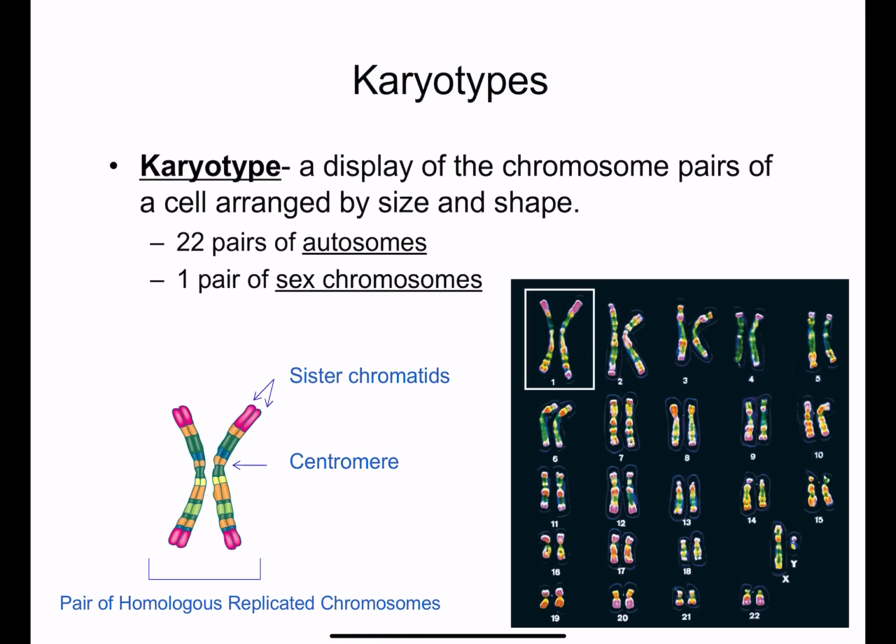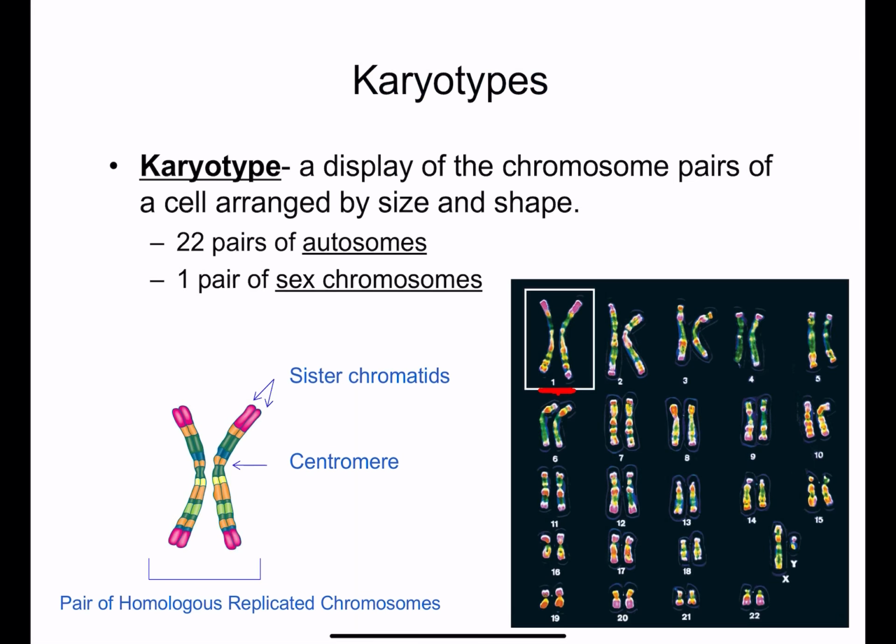So many times in genetics, we use these tools called karyotypes to study chromosomes and to be able to look for genetic disorders. And a karyotype is a picture of the chromosomes. In a karyotype, they're always arranged by size.